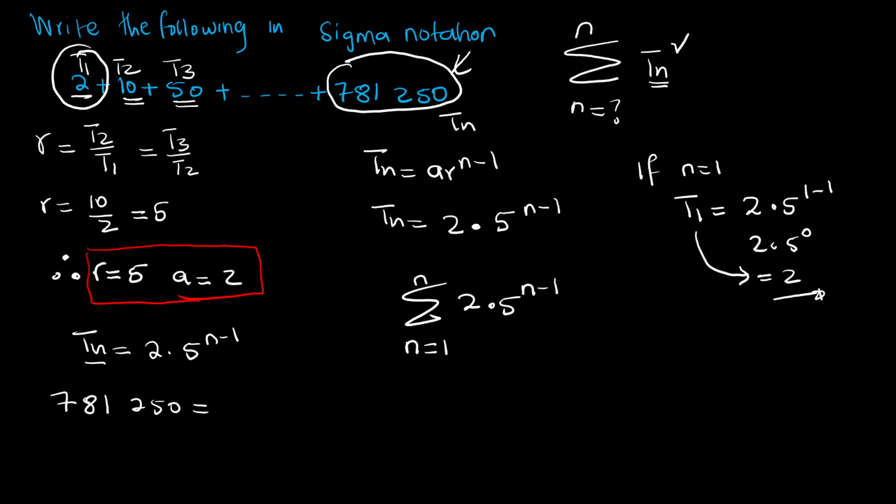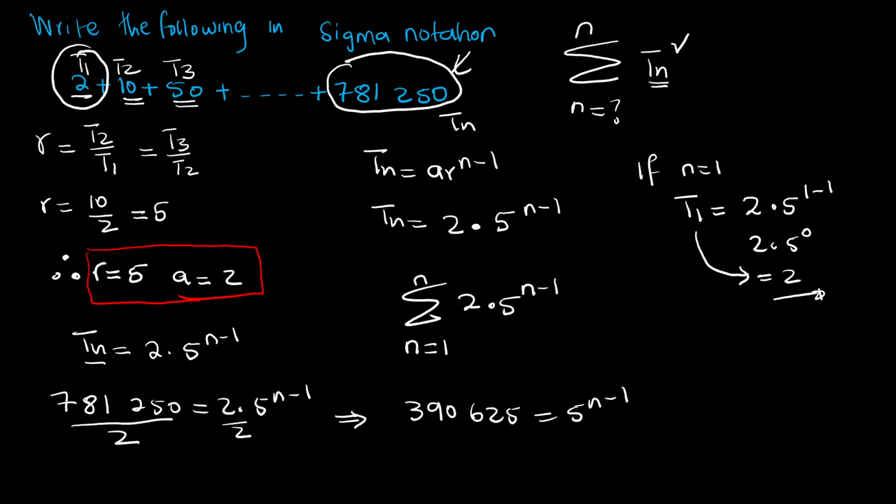So this will be 781,250 equals 2 times 5 to the power n minus 1. Let's get rid of that 2 by dividing both sides by 2. Now I'm just going to rewrite this equation. 781,250 divided by 2 gives us 390,625, which is equated to 5 to the power n minus 1.